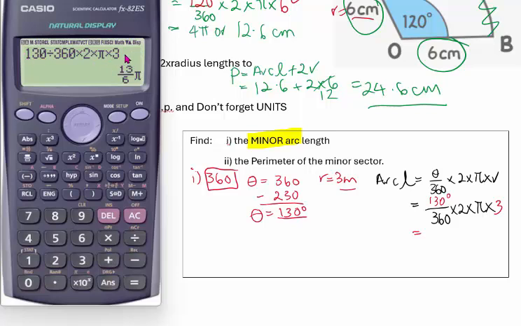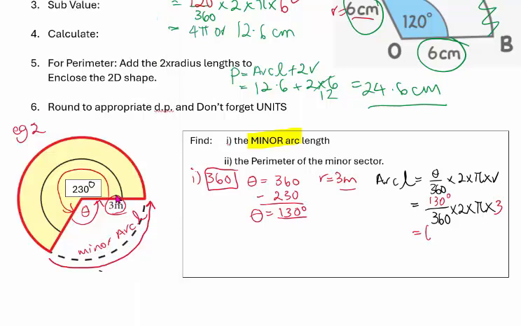I've put it in my calculator and I've got the exact value, so I just change it to 6.8006, which is about 6.8. Now the units is meters. So this is the arc length.